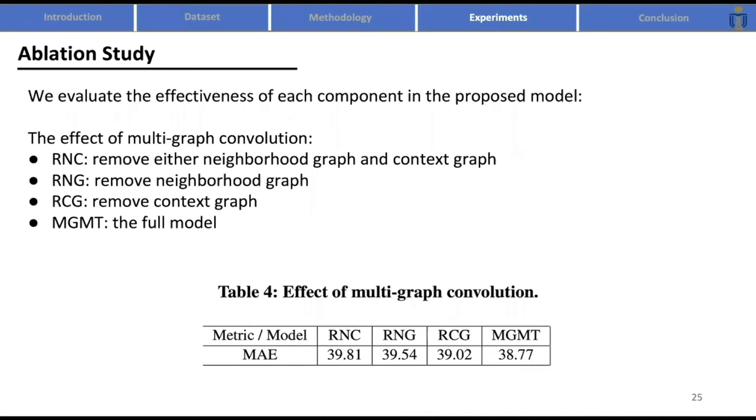The results are reported in table 4. We can see removing the neighborhood graph or context graph leads to a performance degradation, which demonstrates the effectiveness of the proposed multi-graph convolution.